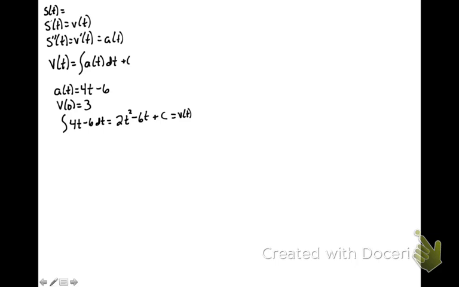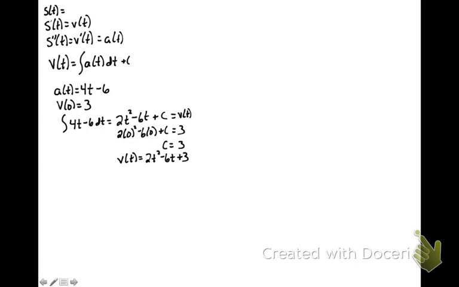But one thing that's true is that when t is 0, the whole thing should equal 3. So if t is 0, 2 times 0 squared minus 6 times 0 plus c, the whole thing should equal 3, which means we know the constant of integration is 3. So our specific velocity function in this case is 2t squared minus 6t plus 3.